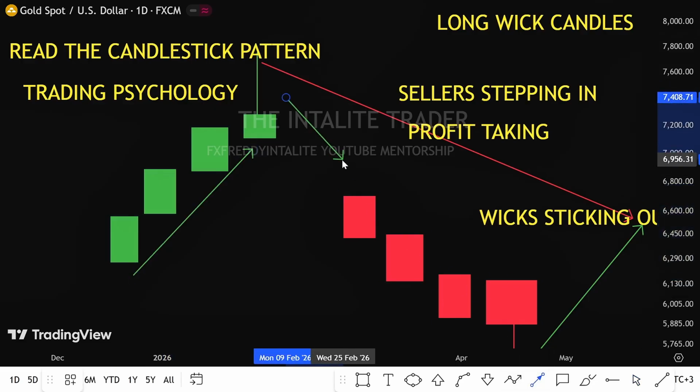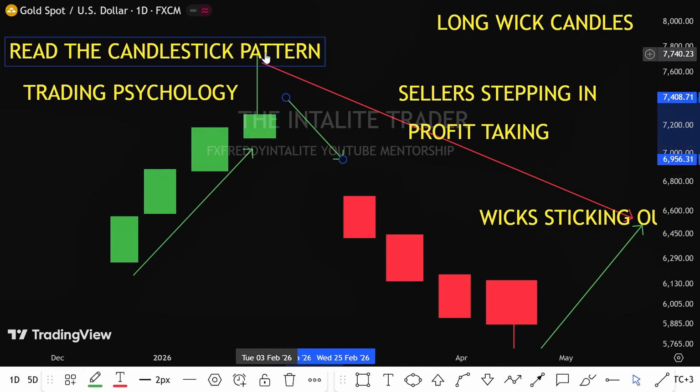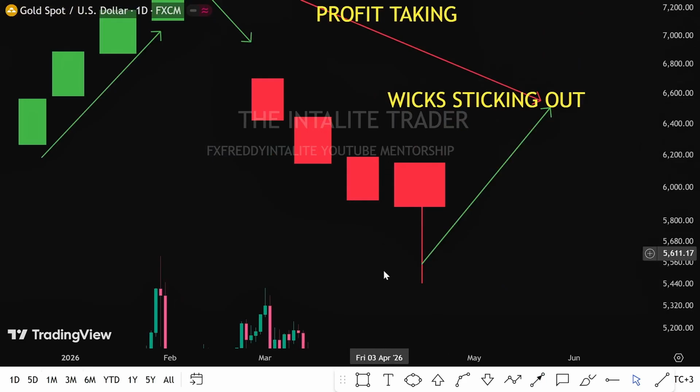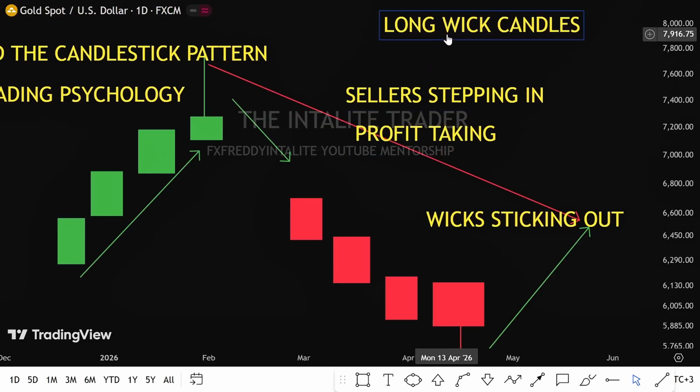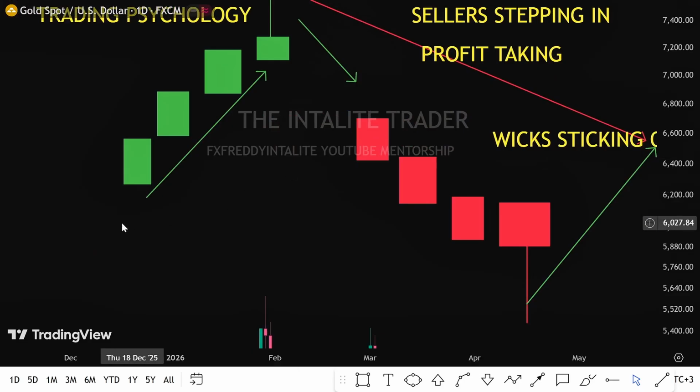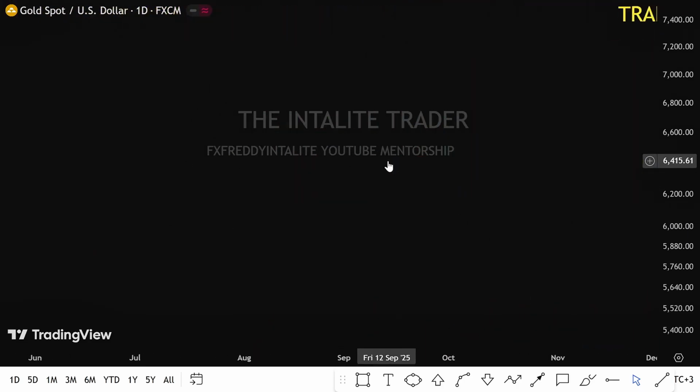If you remember in the previous teaching, we said this is a shooting star, and we said this was a hammer candlestick pattern. So here we are saying we call them long wick candles. The same thing applies to this.